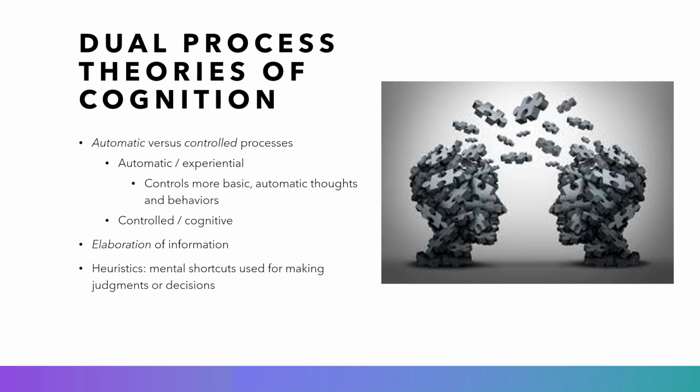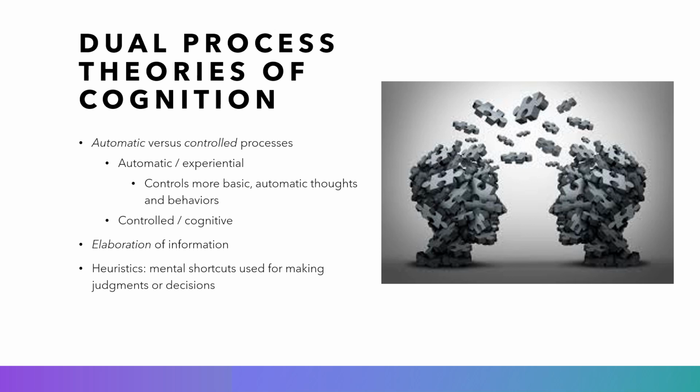We have processes that are automatic. They stem from the experiential system of thought. And the experiential system, as you guys might recall, is a system that's based on intuition and emotion. Our automatic processes tend to control our more basic automatic thoughts and behaviors.